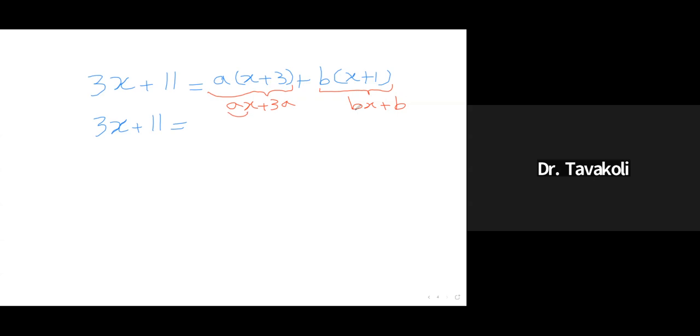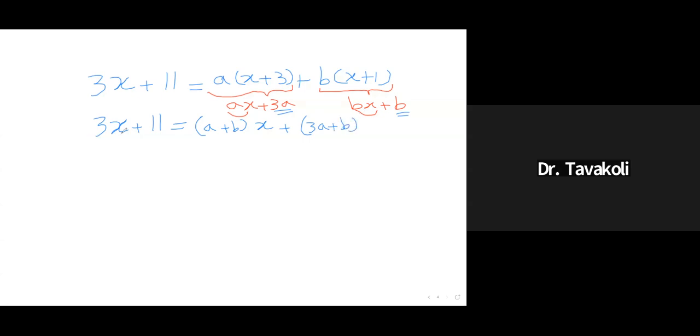So ax and bx both have x in common, so I can factor x out. It's going to be a plus b times x. And 3a and b are just the constant part of this linear expression.